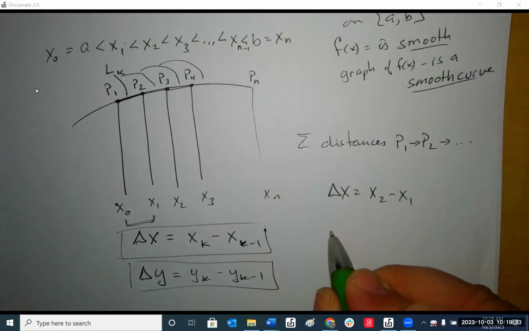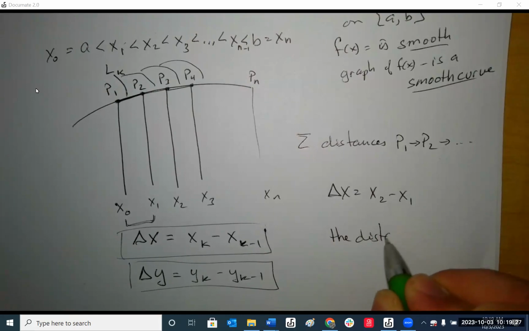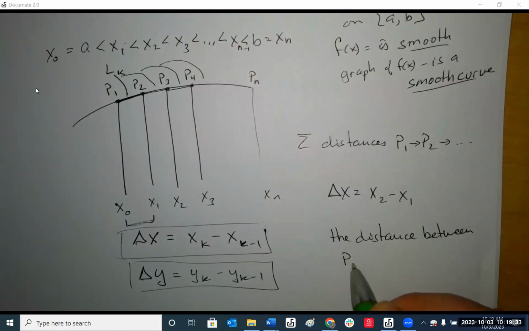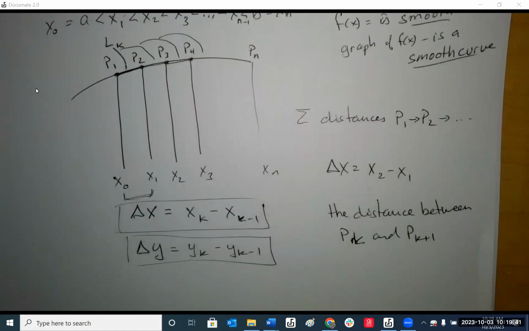So the distance between P sub k and P sub k plus 1 is equal to L.